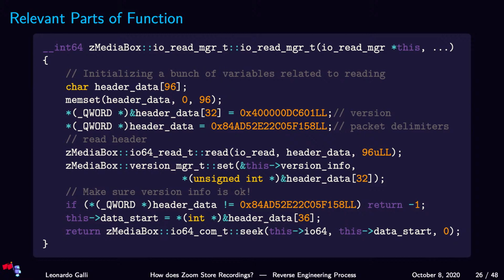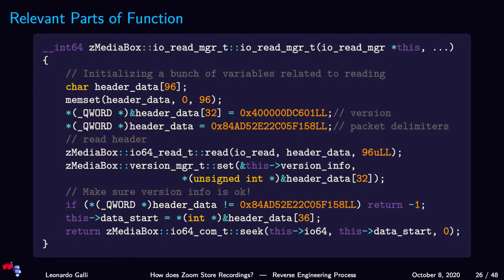It first initializes a buffer of 96 bytes. Then we have this version thing, which is just initializing it in case it doesn't read enough data. Then here we read these 96 bytes from the file into this array. We set the version info to this, which you can also just ignore, it's just for Zoom internal use, basically.